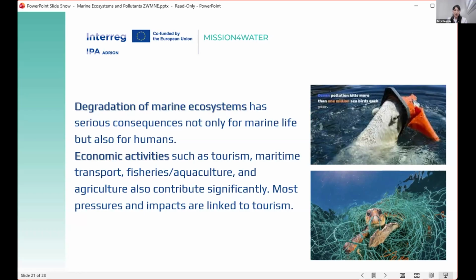As I said at the beginning: waste, oil spills, chemical pollution, wastewater, noise, and similar. Economic activities such as tourism, maritime transport, fisheries, aquaculture, and agriculture also contribute significantly. Most pressure and impact are linked to tourism. Pressures do not act individually, but are combined, leading to cumulative and synergetic effects. Next slide.